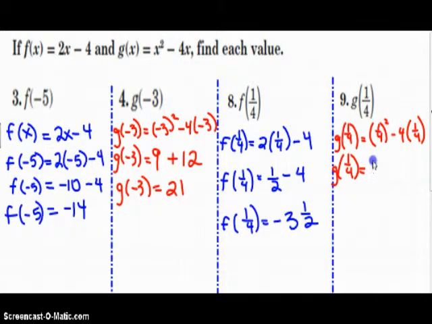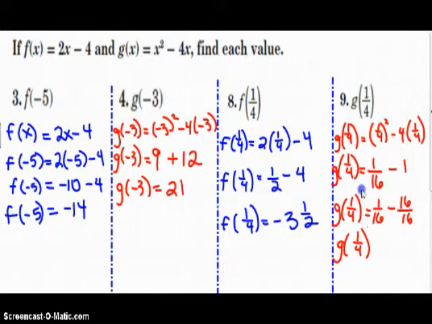So 1/4 times 1/4 is actually 1/16. I have 4 times a fourth. Well, 4 times a fourth is just 1. So that'd be minus 1. So I have 1/16 minus 1. I'm going to change the 1 to 16/16. 1/16 minus 16/16 is negative 15/16.